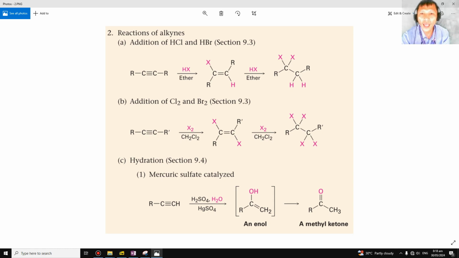And then it will react further, if that is 2 moles. See, you have X2 here and you have X2 here. So the problem expects that it would react in a series of chemical reactions.